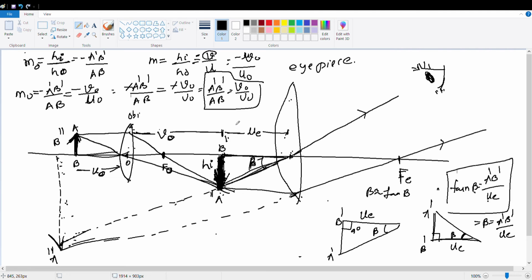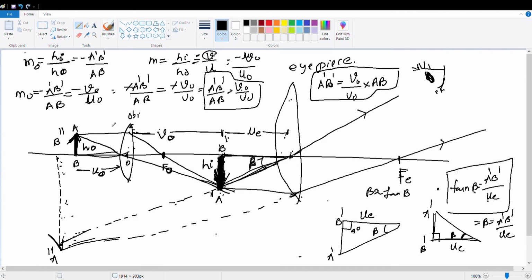So if A dash B dash by AB is this much, can I write A dash B dash equal to V naught by U naught into AB? And what is AB? Let me write it as the height of the object.